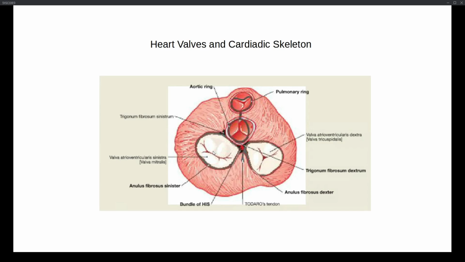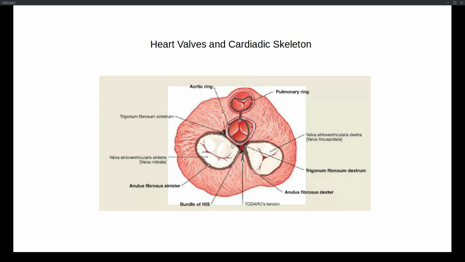These valves are made out of a little bit of connective tissue, but also a duplication of the most inner layer, the endocard, which is in the most inner layer of, for example, both ventricle and atrium, and it has a duplication which leads towards these valves and basically forms them.